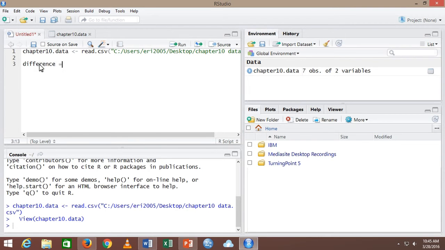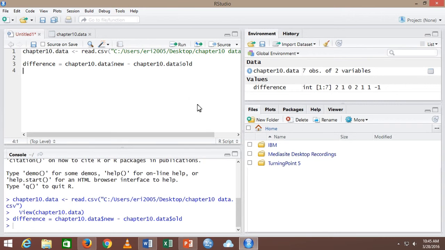Right. So what we're going to do is create our difference score. I've just called mine chapter, I just let it import, it's chapter 10 data. And my $, we said we'd do new first, so I'm going to do new minus chapter 10 data $old.